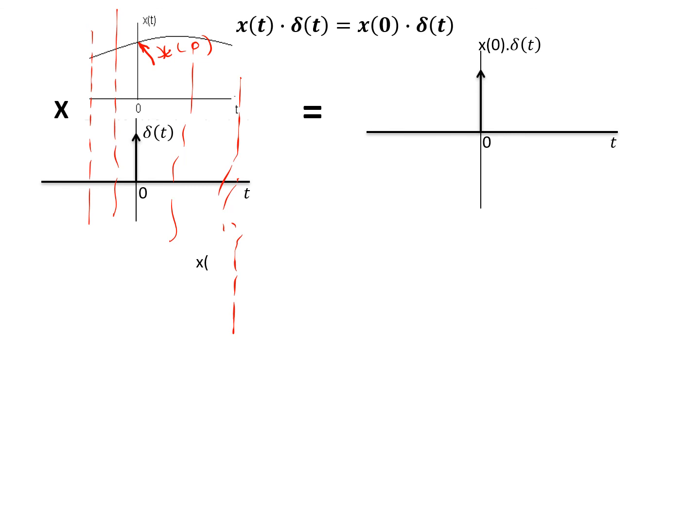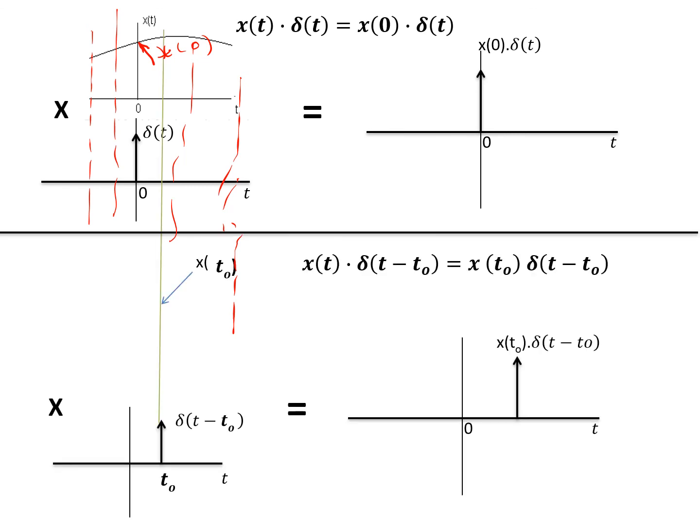Now suppose I shift the impulse by some time, say t naught, not having it at the origin. The shifted impulse is always shown by delta t minus t naught. If you multiply delta with this instant, we'll get another signal, because only at this instant the product is non-zero: x at t naught into delta t minus t naught.